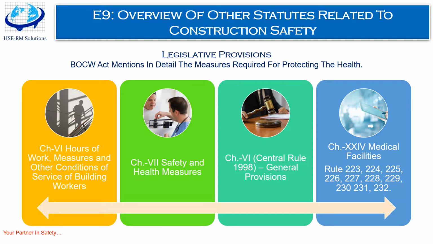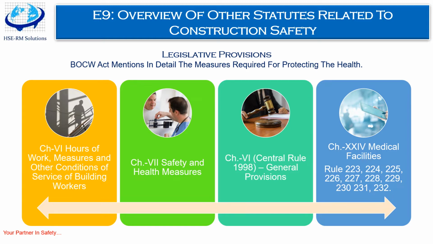It covers excessive noise, vibration, emergency action plan, lifting and carrying of excessive weights, dangerous and harmful environment, dust, gas, fume, etc., eye protection and illumination. These are mentioned under chapter 6, Central Rules 1998, general provisions.